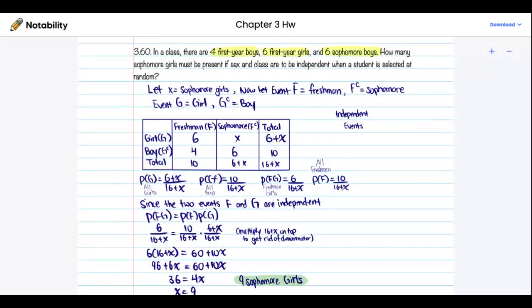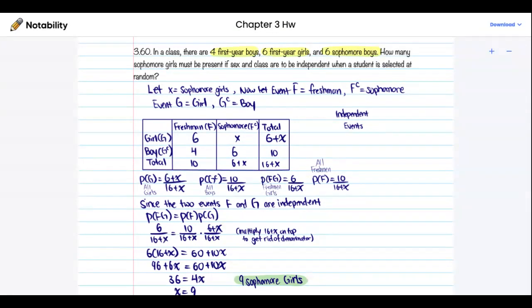I made a little chart to see it. We have 6 first year girls, and we don't know how many sophomore girls there are, so we have 6 plus X. For boys, freshman boys is 4 and sophomore boys is 6, for a total of 10.